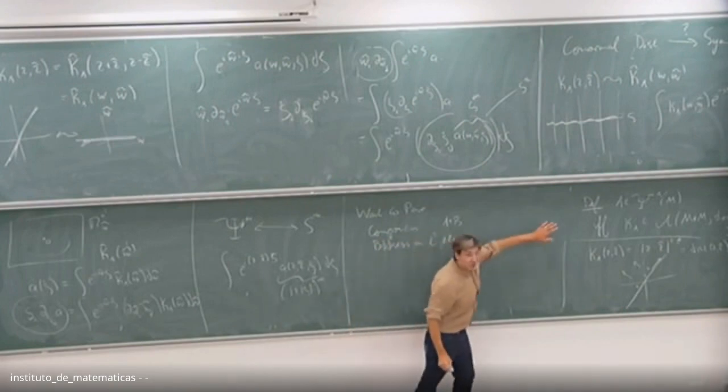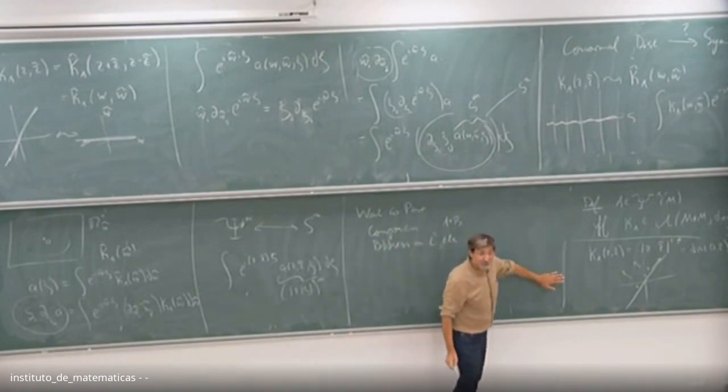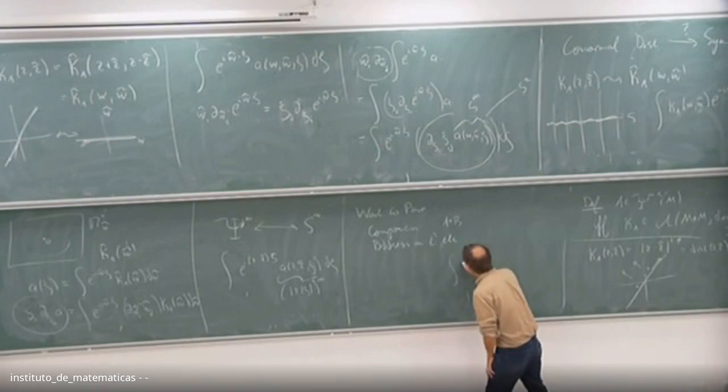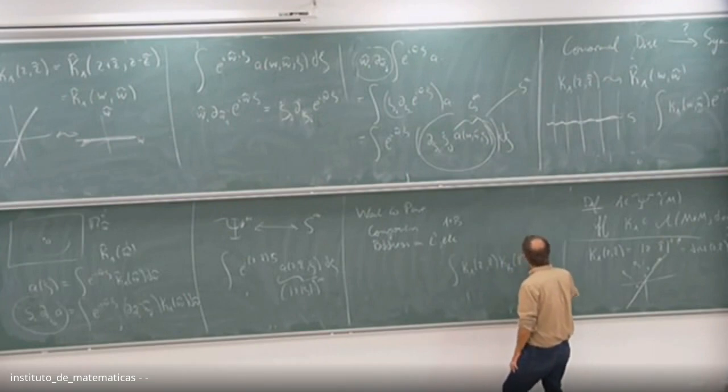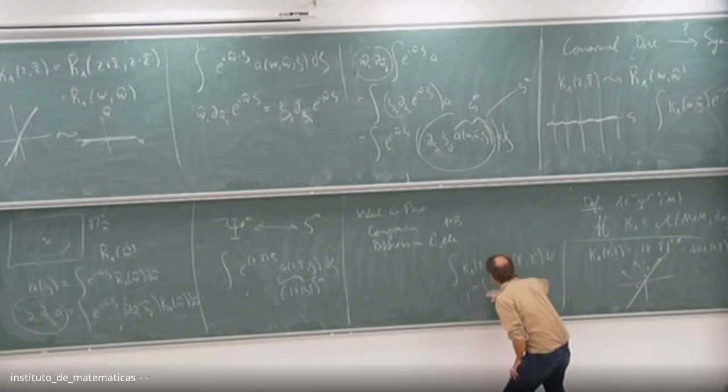So if I have two operators which satisfy this conormality property, if I take the composition, so if I take K sub A of Z with Z primed times K sub B of Z primed with Z double primed, dZ primed, this is equal to the Schwartz kernel of A composed with B of Z and Z double primed.